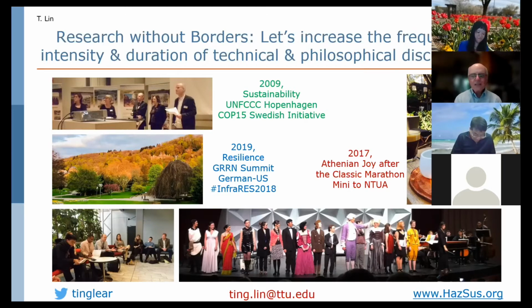Ting, within the state of Texas, who's responsible for dealing with sea level rise? This is a good question. I would also love to find out. I don't think there's one state agency that's responsible for any of that. This has been tough not just in the state of Texas, but at the national level too.